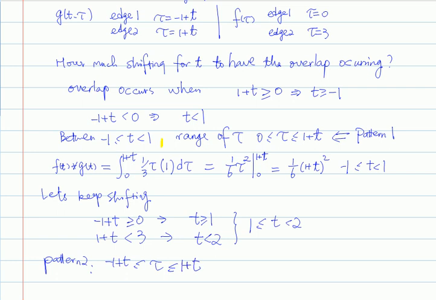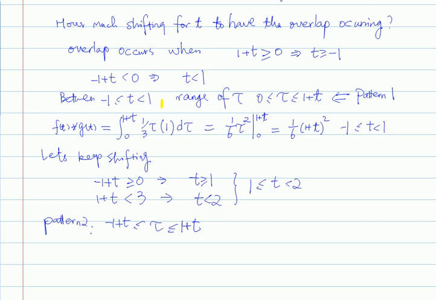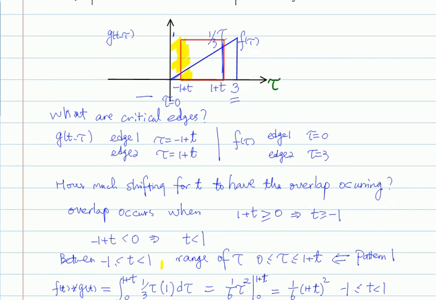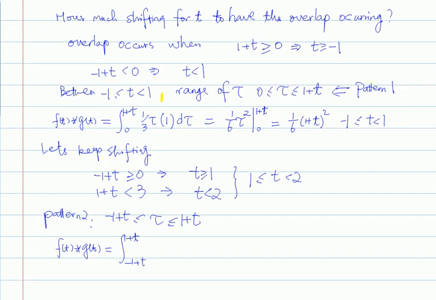So this pattern number 2 gave me this integral limit. Now, if I do this integral again, it's from -1 plus t to 1 plus t, and within this range it's the same thing. The g of t minus tau is still 1, and f of tau is still represented by the function 1 over 3 multiplied by tau. The only difference is the integral limit.